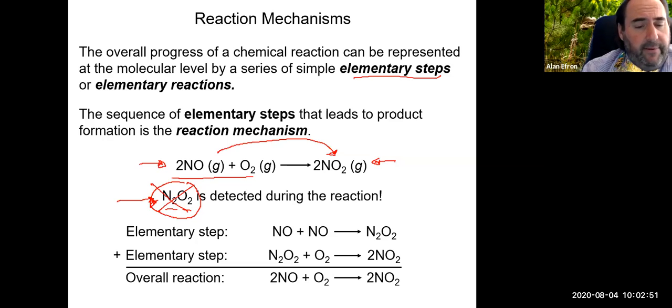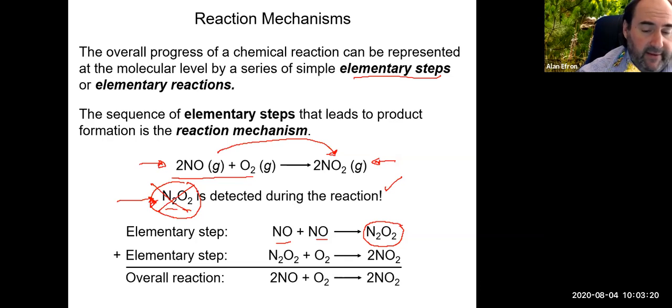So a proposed mechanism for this reaction to occur is a two-step process, which we see at the bottom here. In this two-step process, we are able to see the possibility that what maybe occurs first is two of these NO molecules actually come together to make that N2O2, which would account for why it's detected when this reaction takes place.